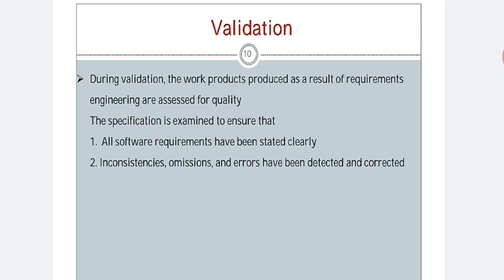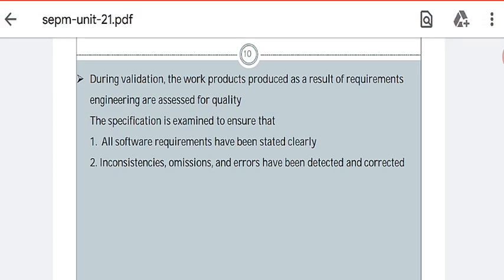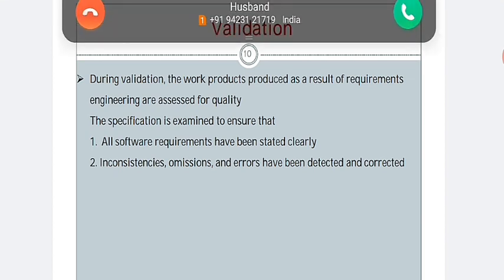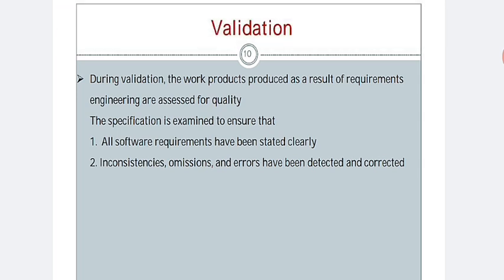The specification is examined to ensure that all the software requirements have been stated clearly. As we already discussed, when we have completed the software development, at that time in validation we also have to check whether all the requirements of the user are implemented or not.